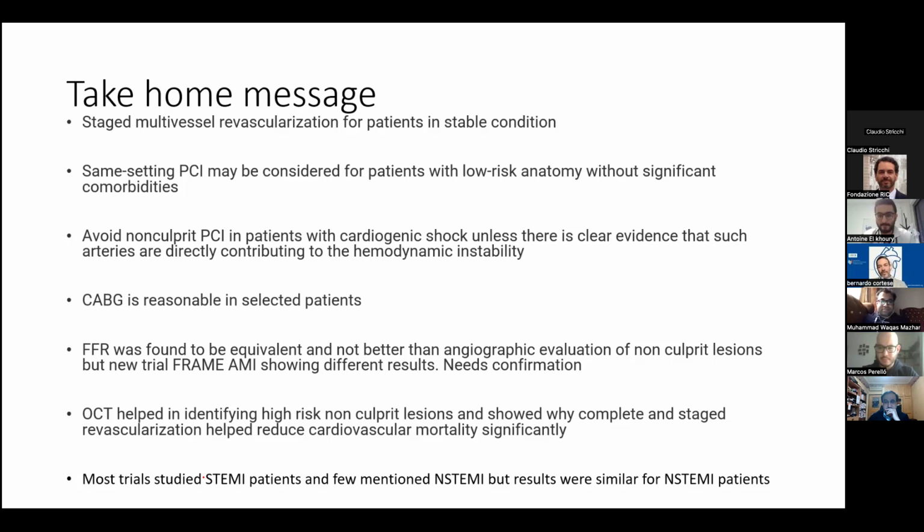Sir, I have a question. Especially in our setup, I am doing my primary PCI calls. What is your approach? When we perform the coronary angiography of a patient with STEMI, there is a total occlusion of the vessel. Then immediately after defining the anatomy, we wire the vessel.